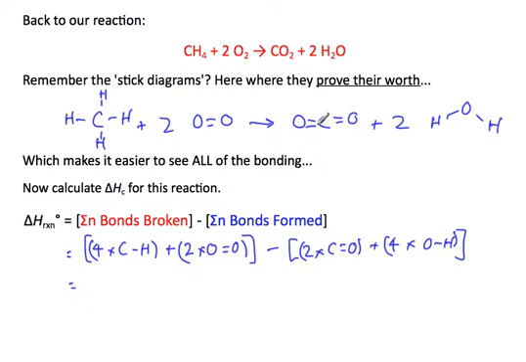So again, looking at our table of bond energies, we see that a carbon-hydrogen bond is 413 kilojoules.